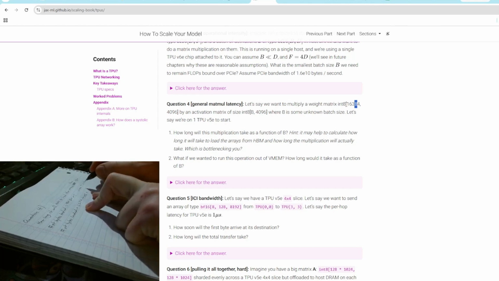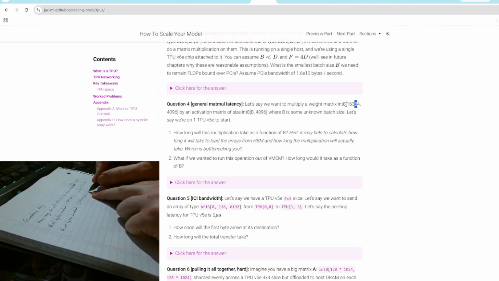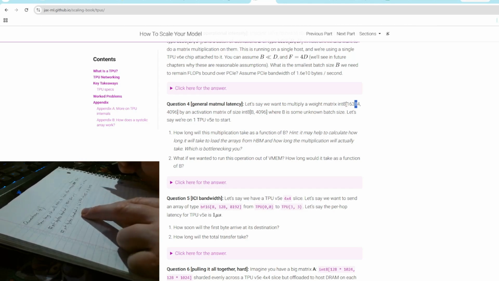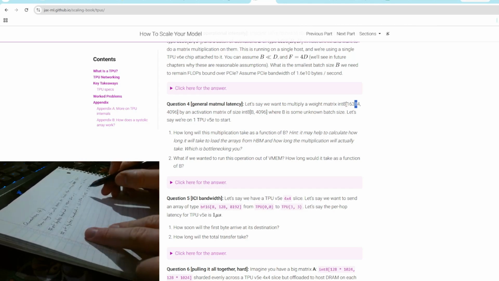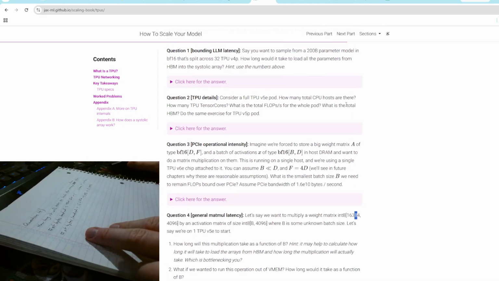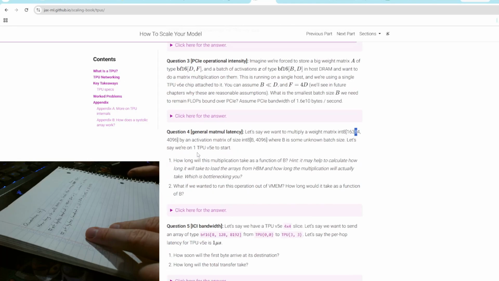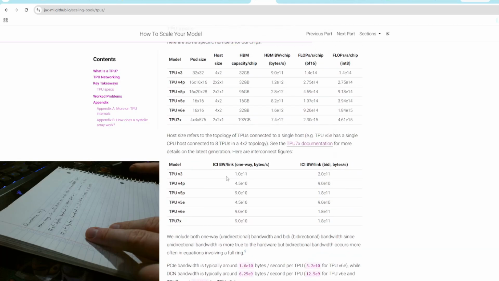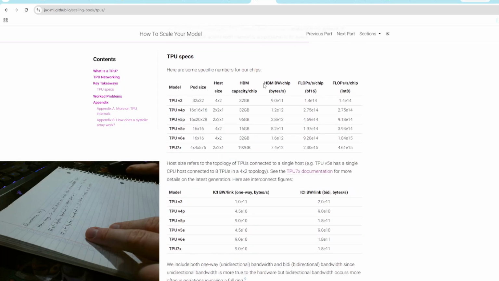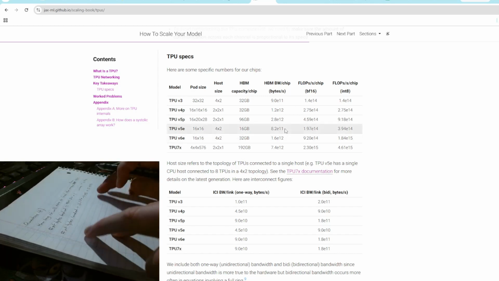And we're going to add that to the other matrix, which is B times 4,096. So we can just plug that in, and then HBM bandwidth we can get from this bad boy. So what is it? We're in a V5e, 1 TPU v5e. That is 8.2E11.